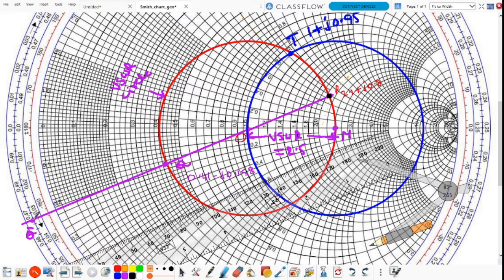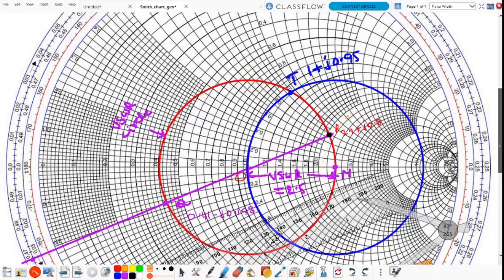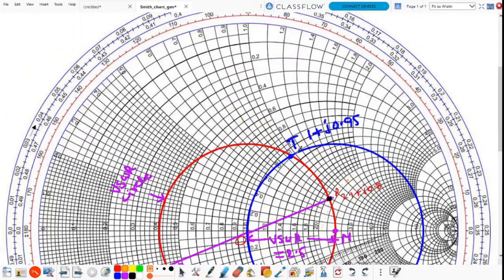The line OT is extended using a scale to the outer circle rim.